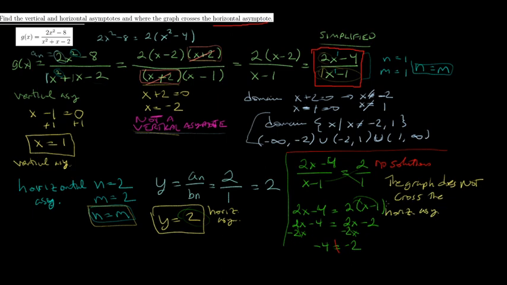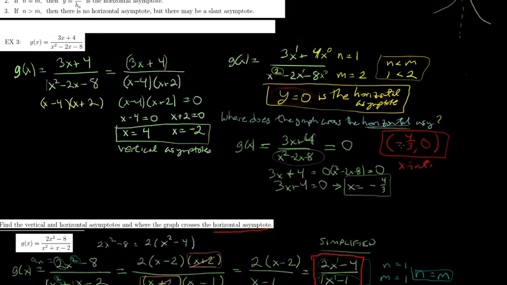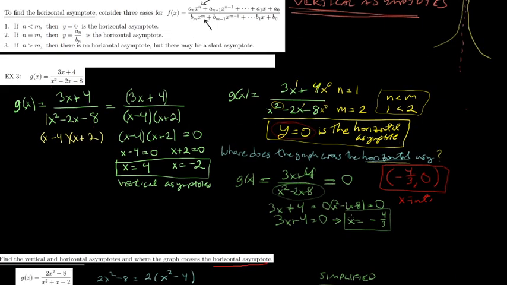Nowhere. And that's usually the case, although in the first example, the graph does cross the horizontal asymptote just once. Usually it'll cross just once. It could cross many times in several places, but usually just once.